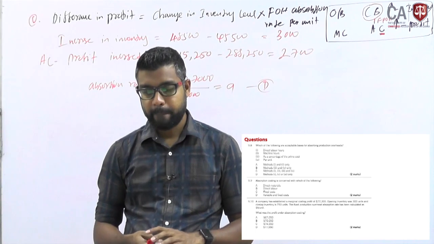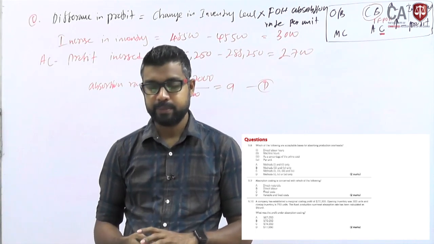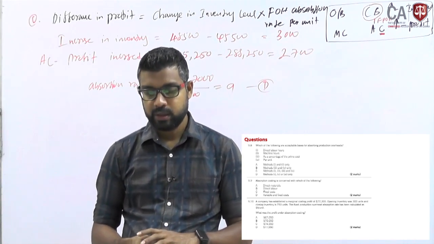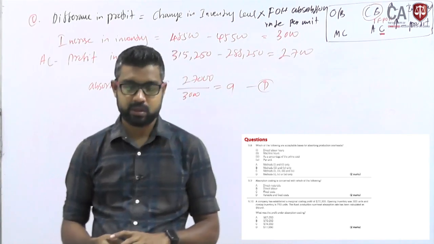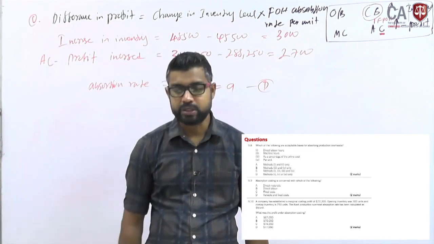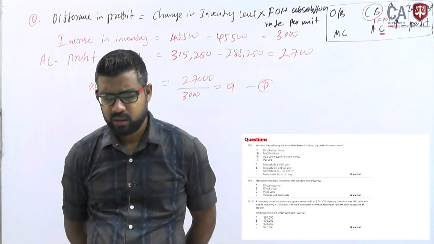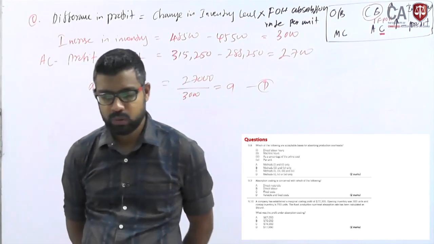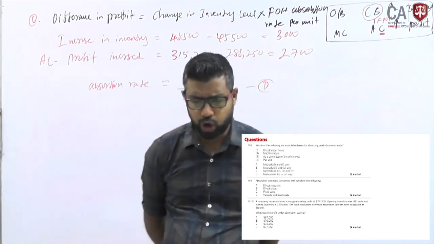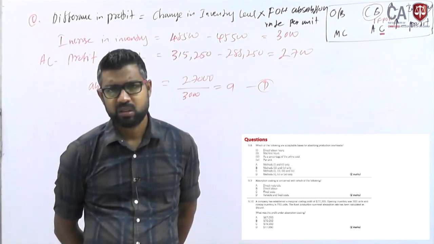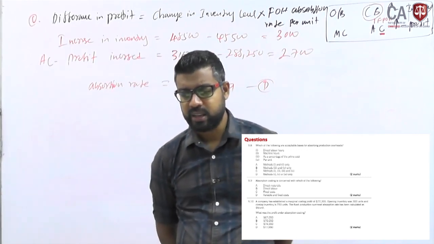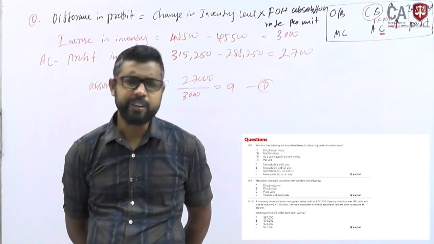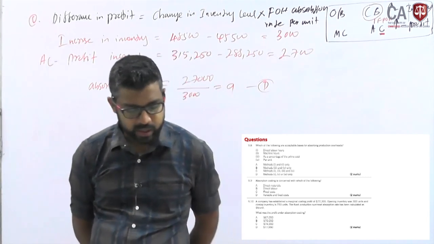Direct material, direct labor, fixed cost, variable and fixed cost. Is absorption costing concerned with only direct material? No. Direct labor only? No. Fixed cost might not itself be enough. Variable and fixed cost. Yes, that is the correct answer.